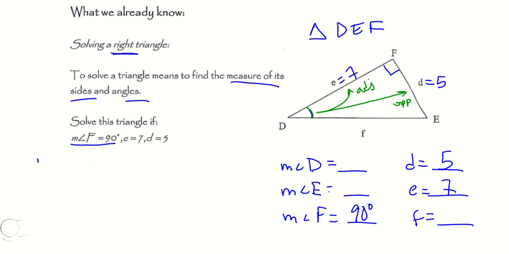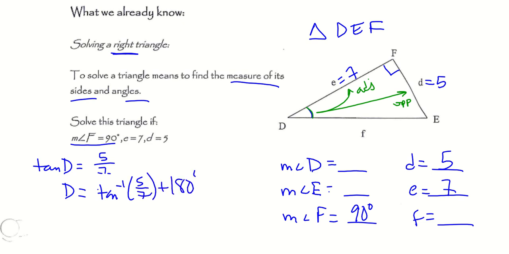So I can write that the tangent of angle D, which I don't know, is equal to its opposite side, which is 5, over its adjacent side, which is 7. To solve for D, we take the arctangent of both sides, and we get D is equal to the inverse tangent of 5/7 plus 180 degrees n.